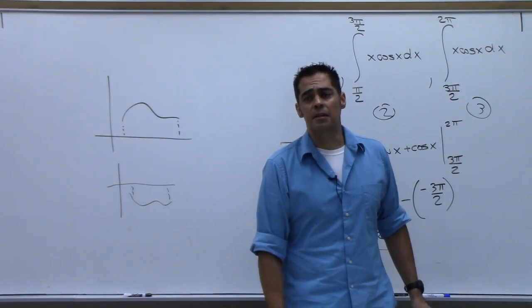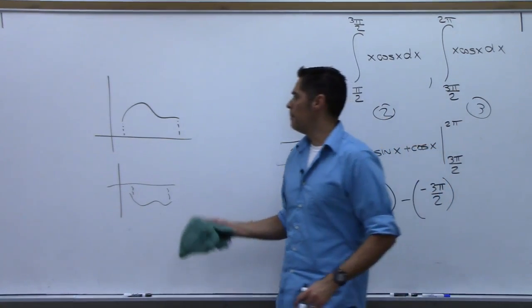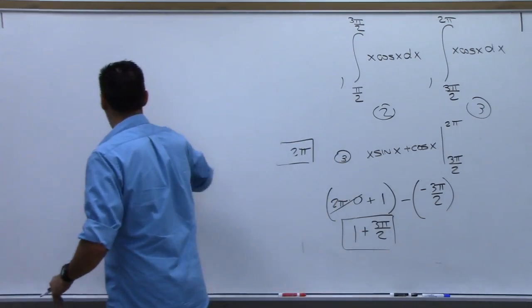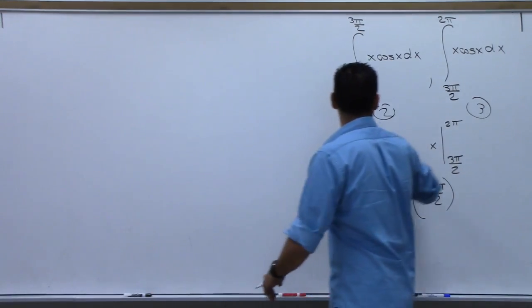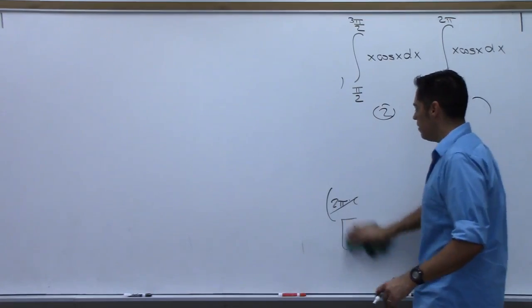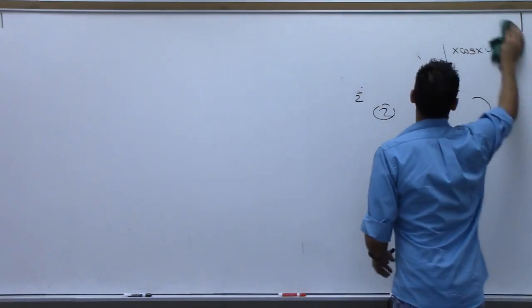If f is even, now this is an important one. If f is an even function, then we have something nice. So first you have to remember what it means for a function to be even.